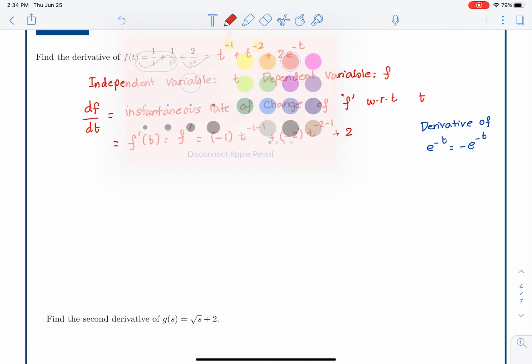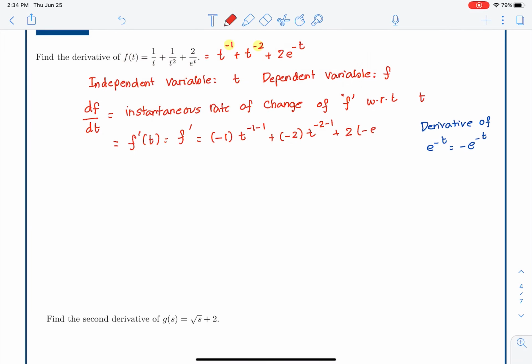So we have negative e raised negative t, which would be negative t raised negative 2, negative 2 t raised negative 3, negative 2 e raised negative t.